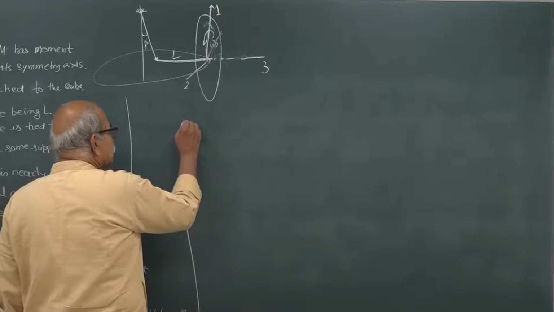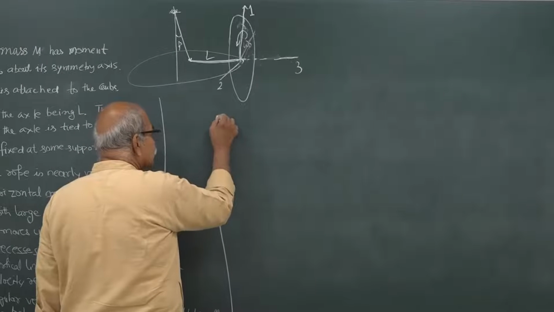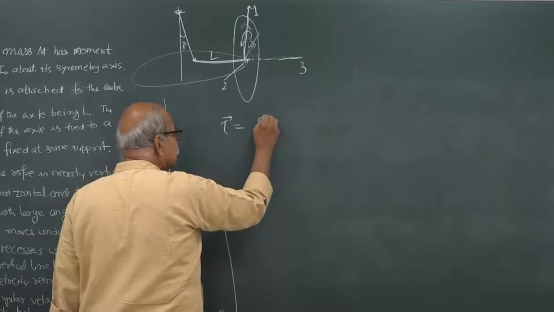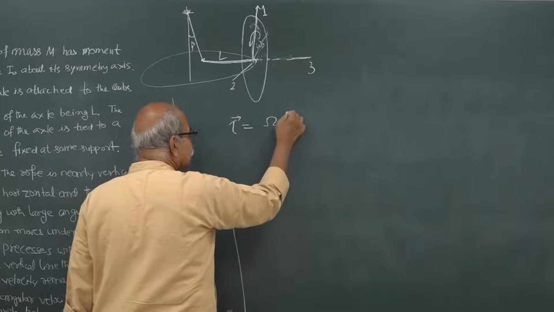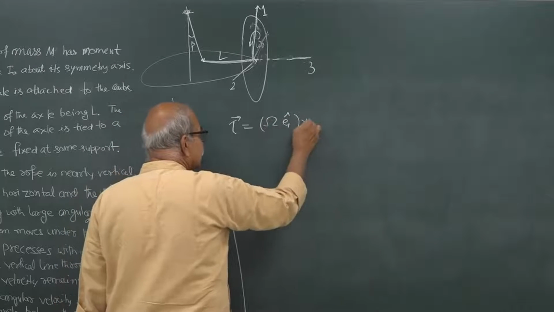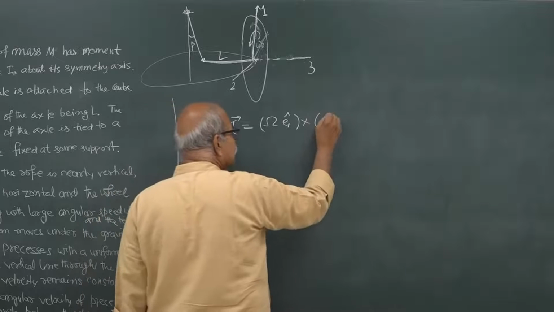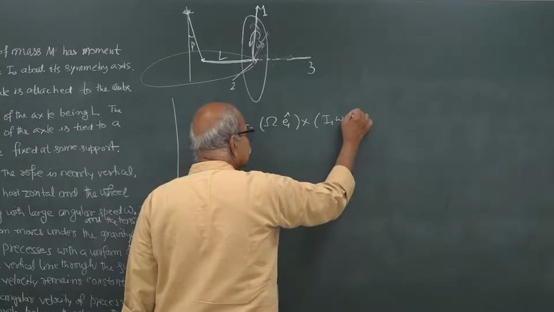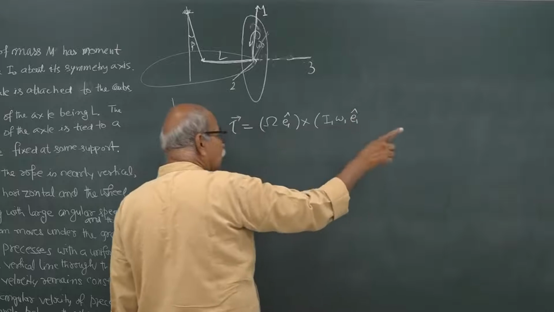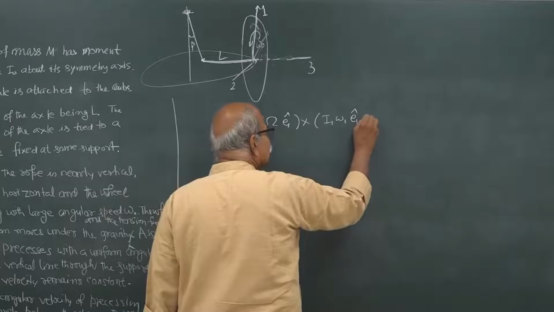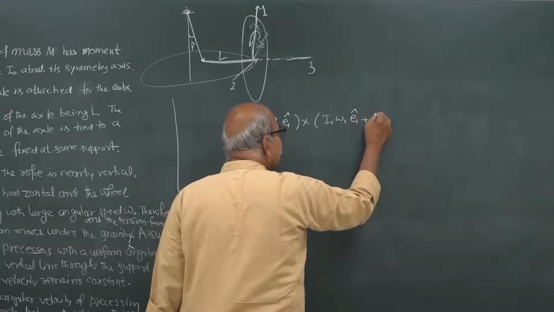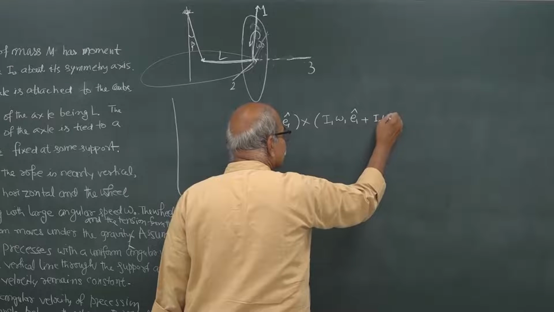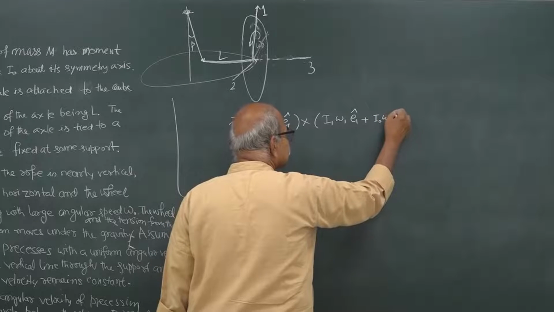So, let me make some space and then we write it. Our equation was torque equal to omega cross L. So, this is omega and then cross L, and L's first component was I1 omega1 E1 cap, the second component was 0 and the third component was I3 omega3, which is I naught omega naught E3 cap.